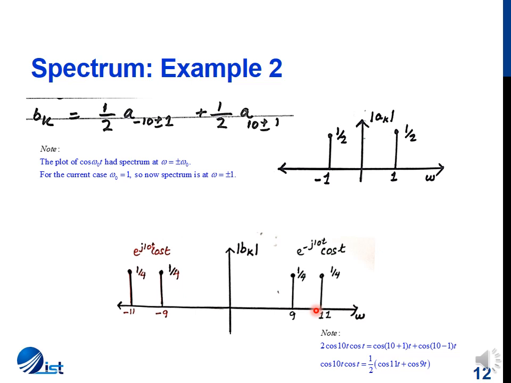One will be at a frequency of omega 1 equal to 9 radians per second, and the other frequency omega 2 would be 11 radians per second. So this is the spectrum or waveform that appears when we multiply two cosine waves together. We get a sum of two cosines as a result. You can see on the right side that this part was a consequence of e to the power minus j10t cos t, and this part is a consequence of e to the power j10t cos of t.